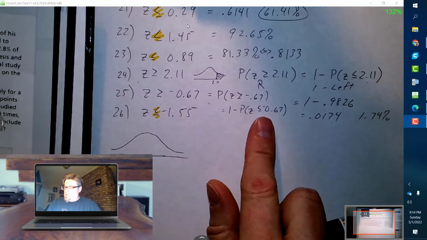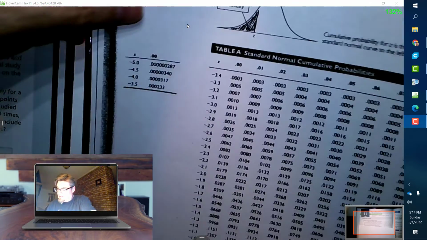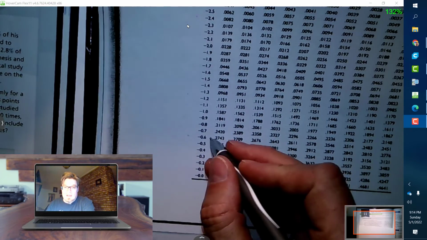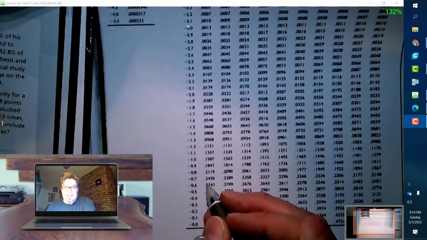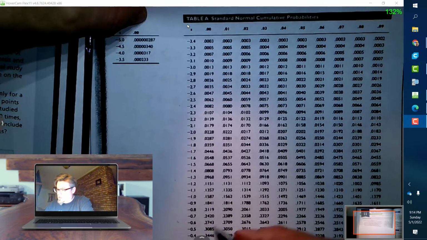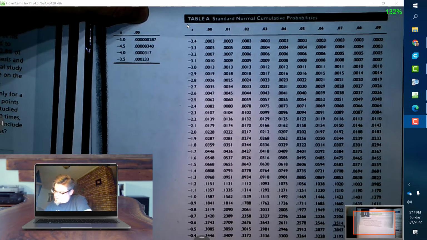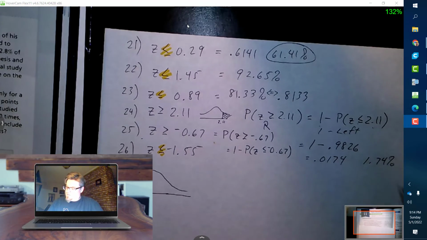Okay, so we're going to find the probability to the left, negative 0.6, and right here, 0.67 right there. Yep, 0.2514.